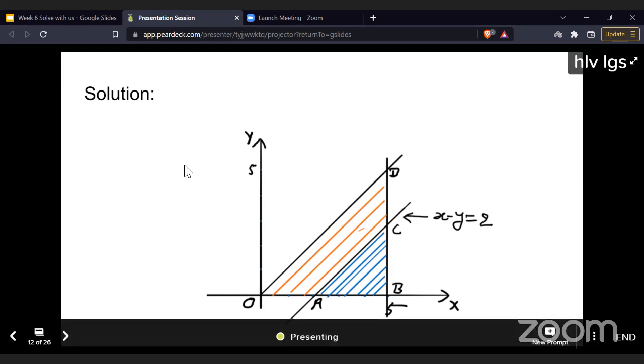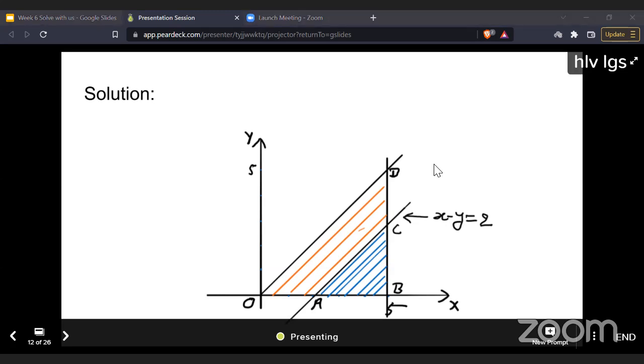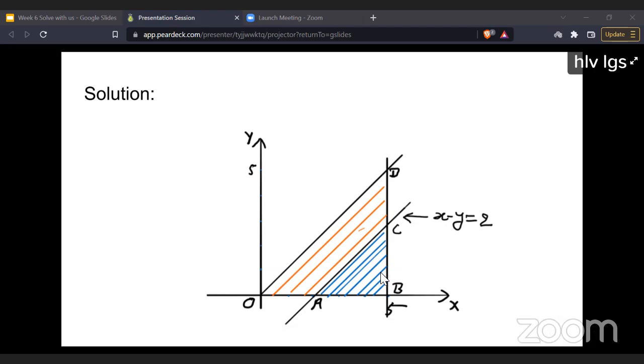Okay. I think it will be the orange one, because if we take any point from the orange region, it should satisfy x minus y less than or equal to 2. But if we take points from the blue region, if I take 3, 0, it will be greater than 2, right? It will be greater than 2.